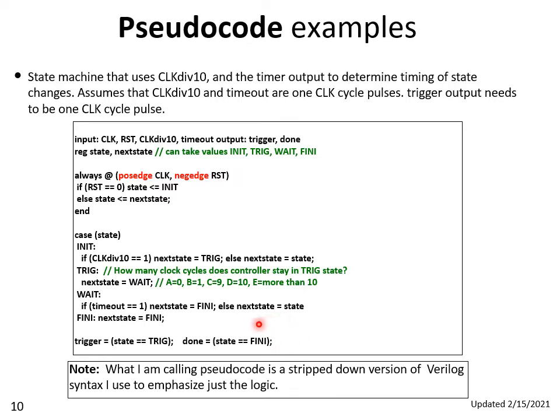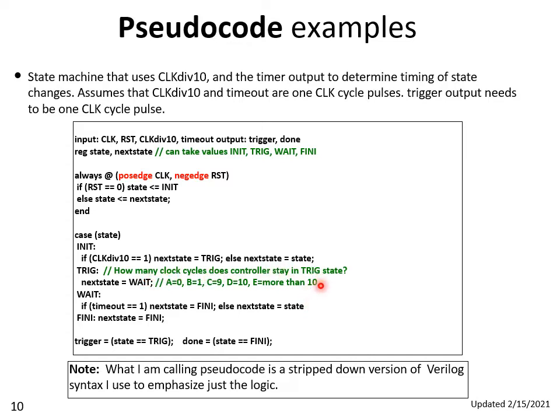so that if the state is init, then depending on the value of clock div, next state is either trig, or the next state retains its previous value. Okay, if we're in the trig state, we want it to go to wait on the very next clock cycle. So I'm answering the question that's in the comments here.